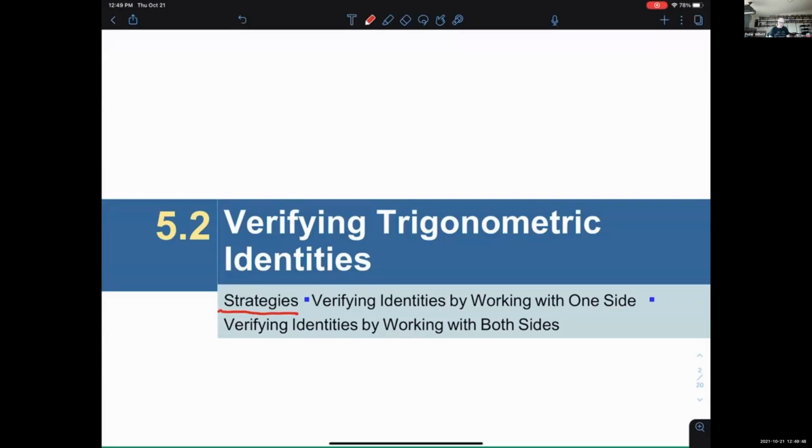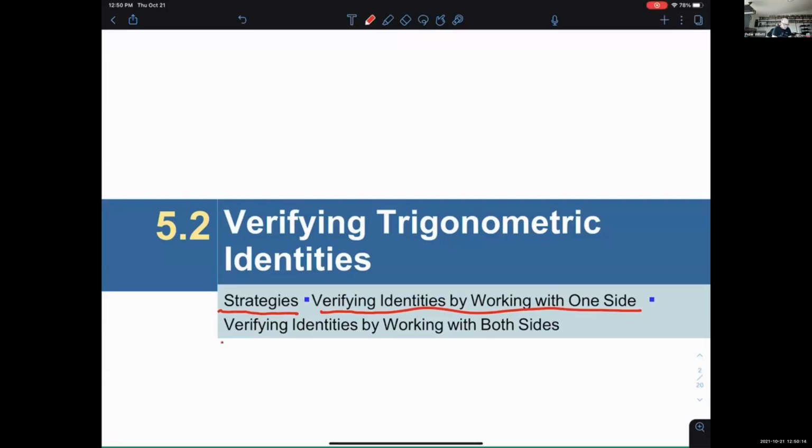A couple of the strategies specifically we're going to look at are verifying identities by working with one side. Again, an identity has an equality in it. When you're working with one side, the idea is you start with something equals something, and you just try to change one side to make it look like the other side so that you can confirm they're equal.